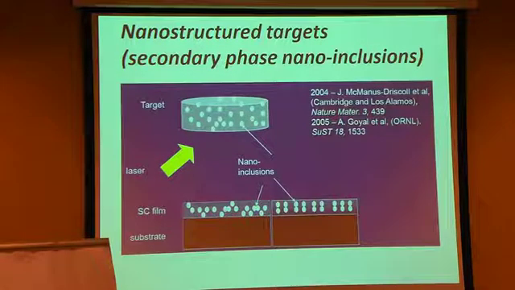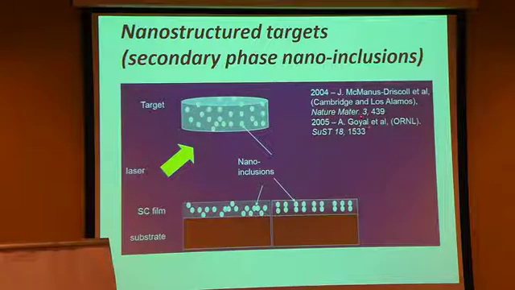And the third one is to use nanostructured targets, in which we have a target which has secondary phase nano inclusions, and we use laser deposition, and we find again the nano islands from the target in the superconducting films. The first publication was with Judith Driscoll, who is from Cambridge, but at that time she used to spend every summer two months in Los Alamos.